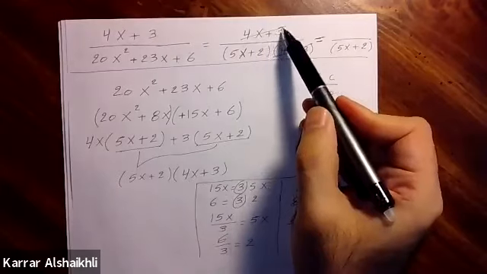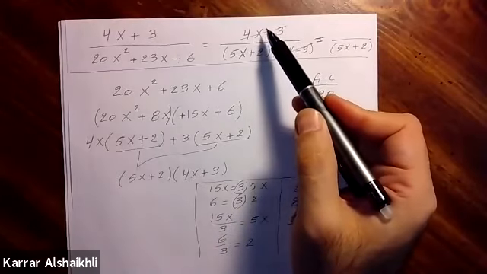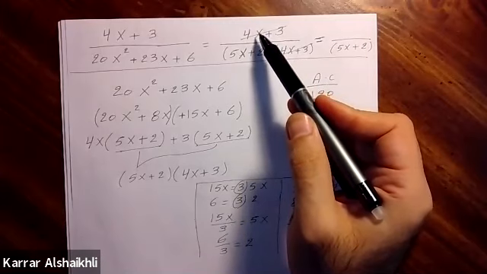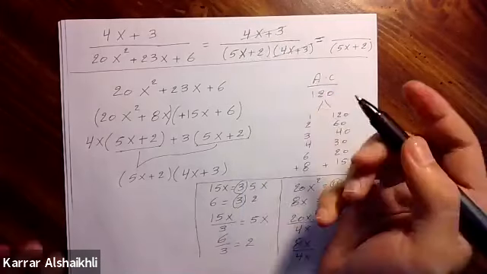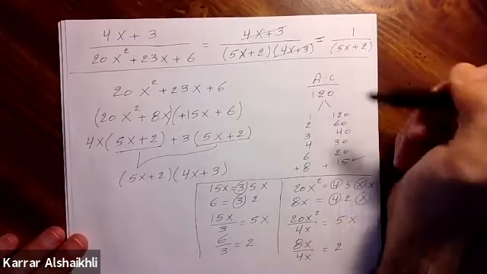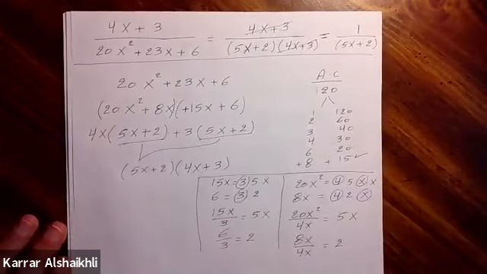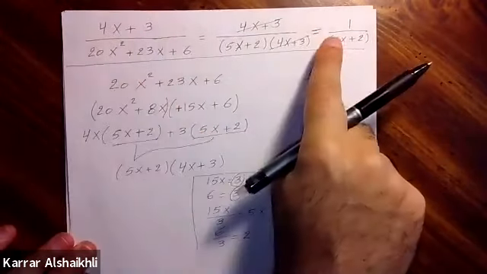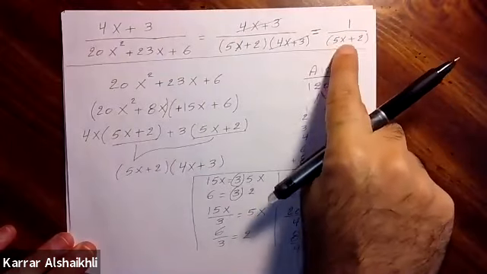So you see, when you cancel the whole thing on the top part, the leftover is not 0. If you write down 0, it's wrong. So the leftover is going to be 1. So it's going to be 1 over 5x plus 2. That's the result. We simplify this expression to a lowest term, just 1 over 5x plus 2.